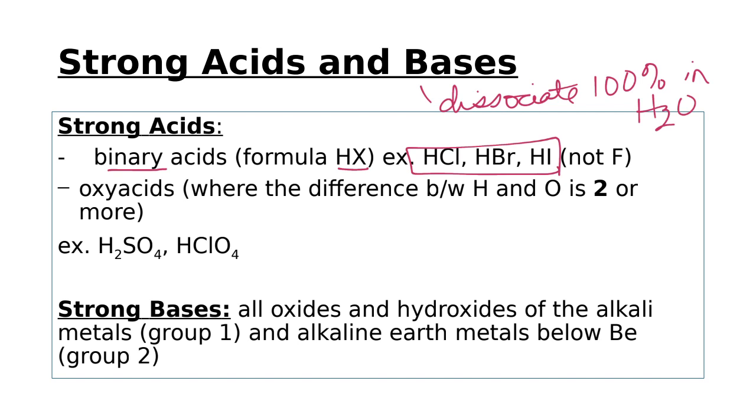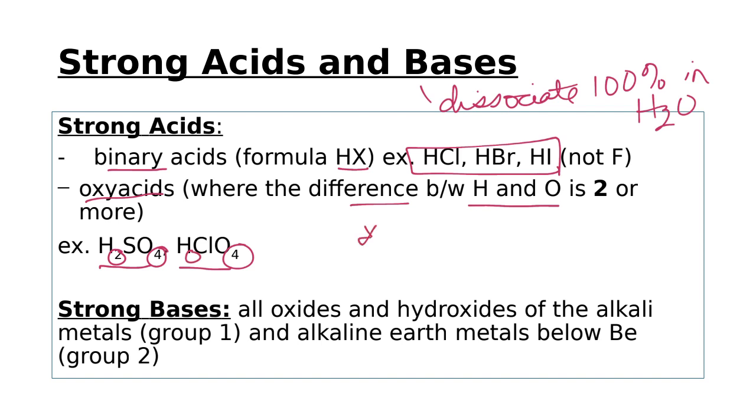Oxyacids. So this is where we have hydrogen with a polyatomic ion. So what we have to do is we look at the difference between the hydrogen and the oxygen in the formula. And when you subtract off the hydrogens from the oxygens, if the value is 2 or greater, you have a strong acid. Okay, so right here, 4 minus 2 is 2, strong acid. 4 minus 1 is 3, strong acid.